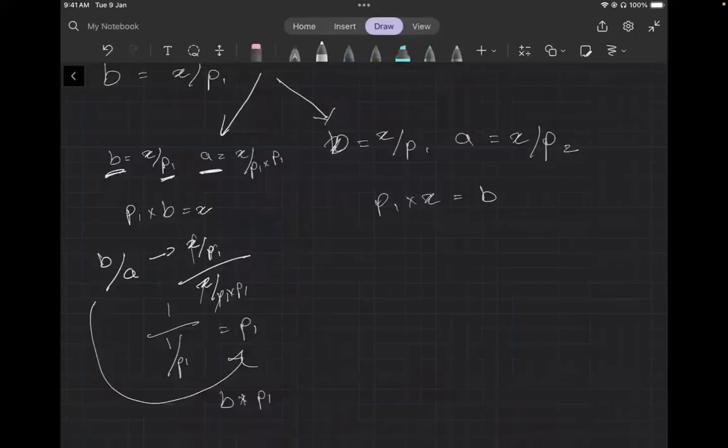And we know for a fact that this contains P2 and this contains P1. Okay. We know this much. How can we make use of this fact?